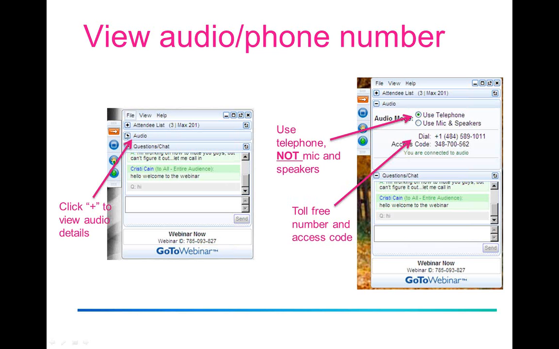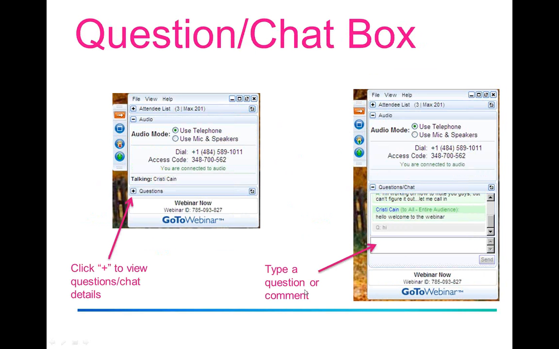So like I mentioned, here is the audio. You click on the plus button. You can use mic and speakers, but do not select mic and speakers if you're using the telephone. And then there is a number and an access code, and it should send you an audio pin as well so that you can ask questions at the end.